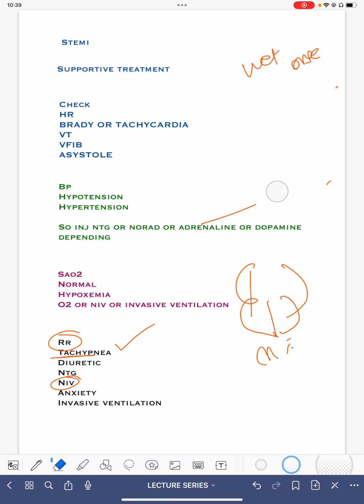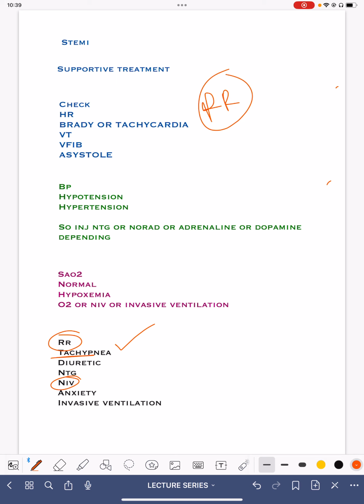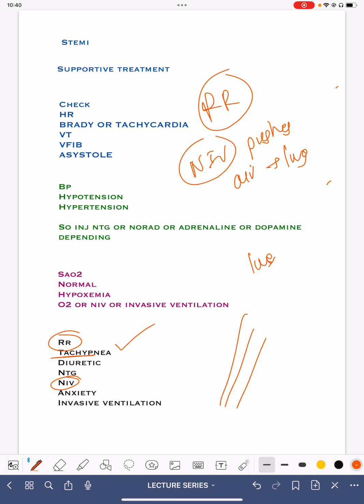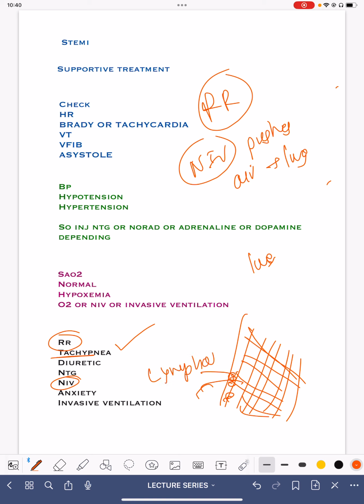So how is that possible? The patient can increase his respiratory rate to do that, or you can simply put the patient on NIV. NIV pushes the air forcefully into the lungs. So pushing air into the lungs forcefully simply acts like pressing or squeezing the lungs. And this lung, which is significantly filled with water, because of the NIV, this water is drained through the lymphatics of the lungs.